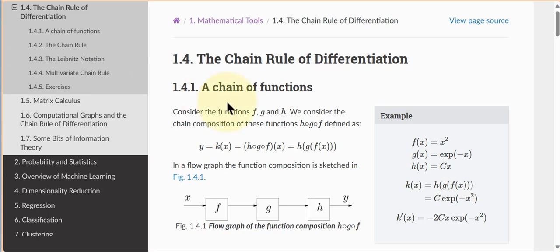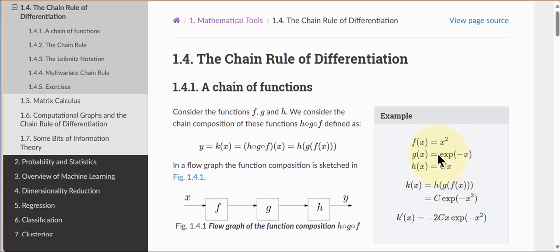Okay, so now we get to the important part, and this is the chain rule. Let's say here we have three functions, f, g, and h. First of all, what does this mean? This just means e to the minus x.